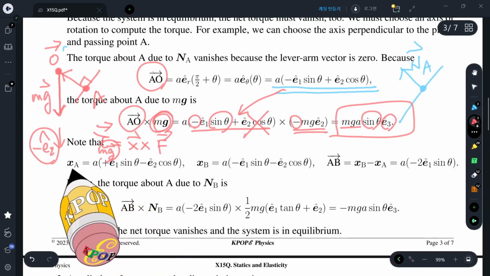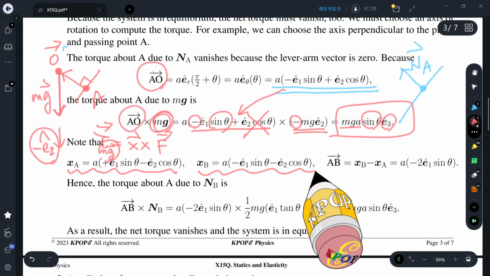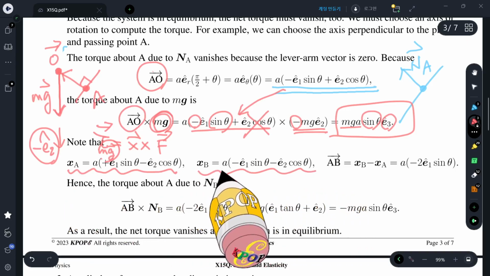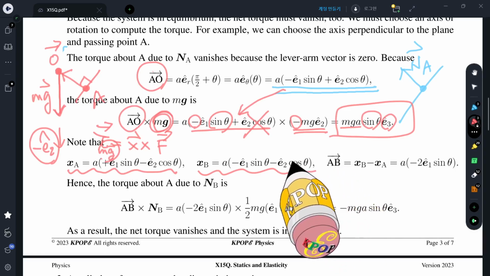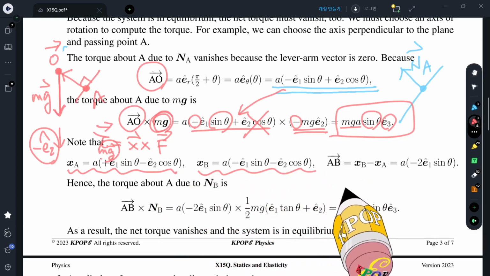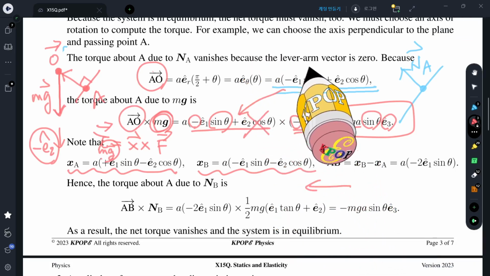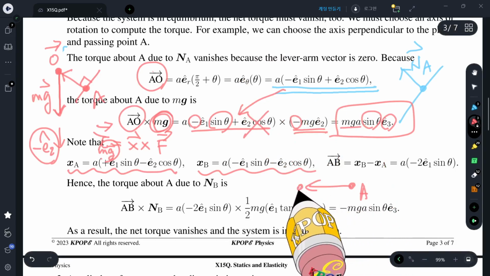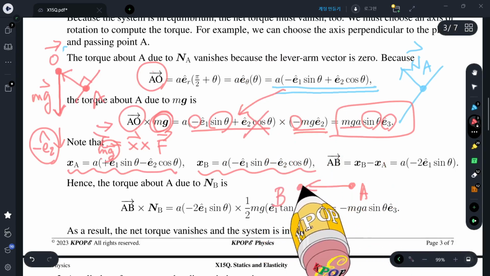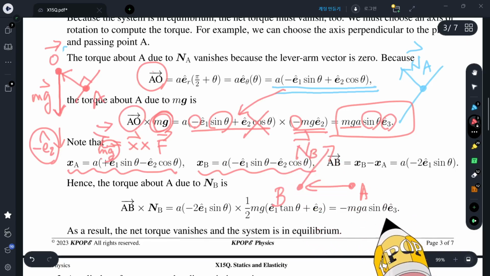Okay, we know where A is and where B is. If I subtract A from B, then I can find the direction of AB. So the reference point is A, and we have point B, where the force is applied like that.